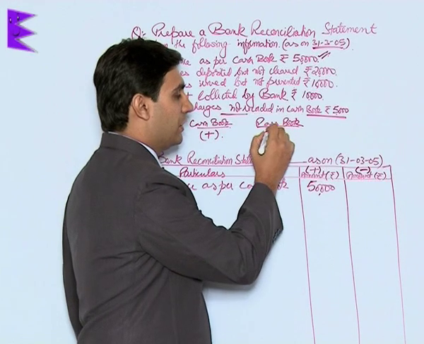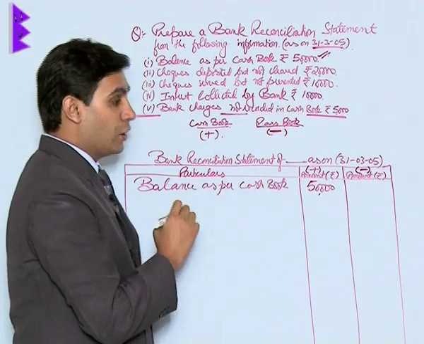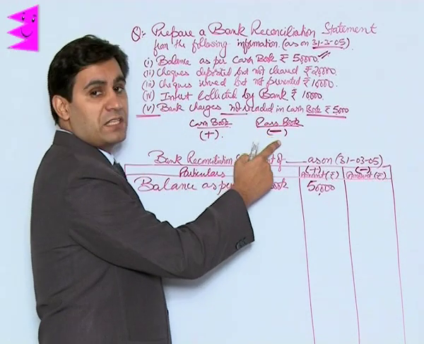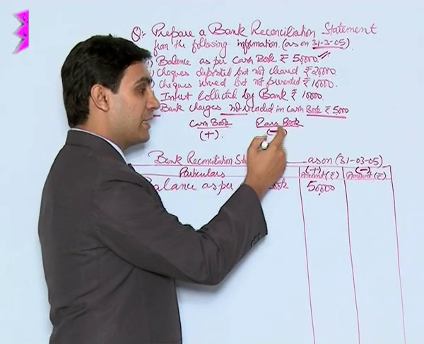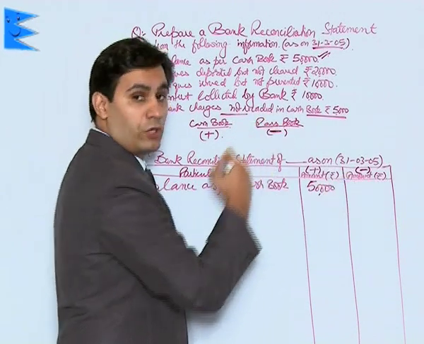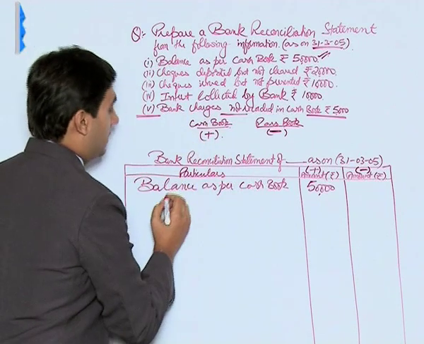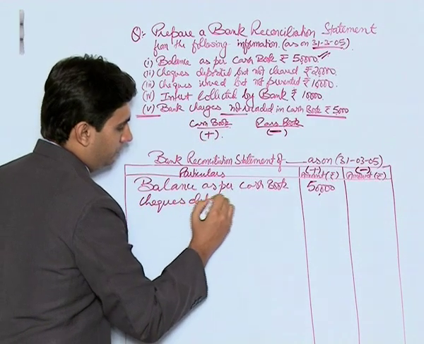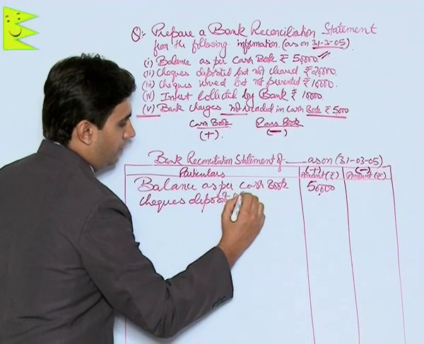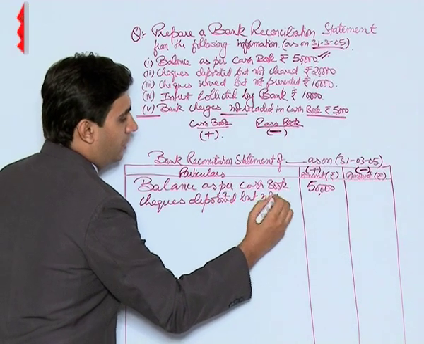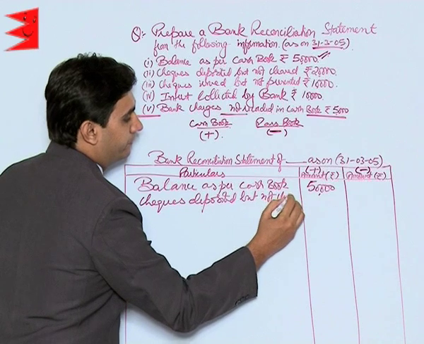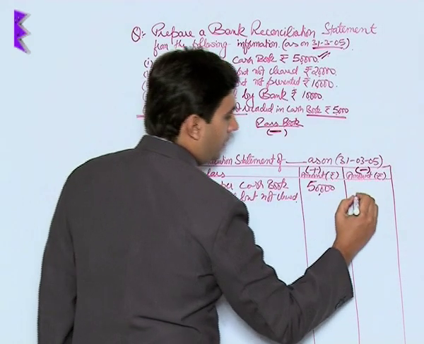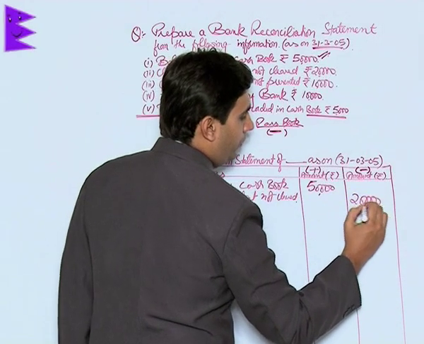So the passbook is on the lower side, minus. Now we have to find passbook balance. So that means negative side means on the negative column. That is checks deposited but not cleared, 20,000.